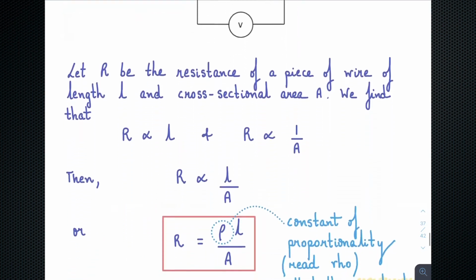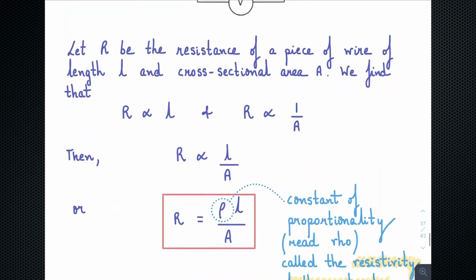Hence, the resistance is proportional to length on area, L on A. And the constant of proportionality, denoted by ρ, represents the resistivity of the material.